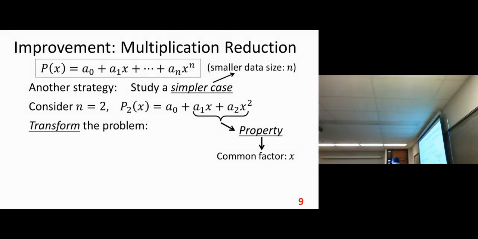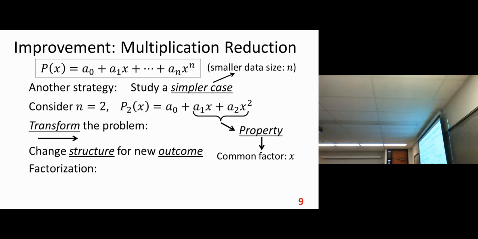Relatively hard to solve. So there is one commonly used strategy: consider a simpler case. So we consider the case when n equals 2. By examining a special property, because there is a common factor between the last two terms, we use the factorization technique, a simple technique.